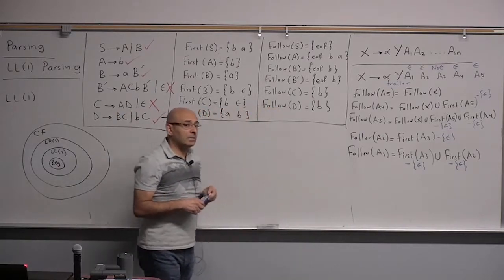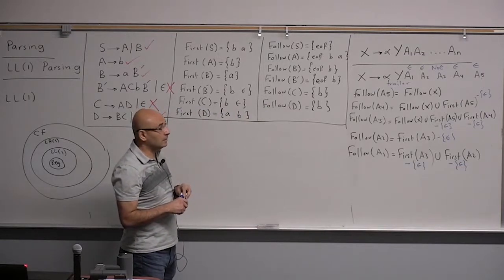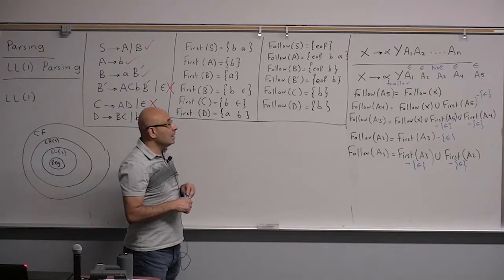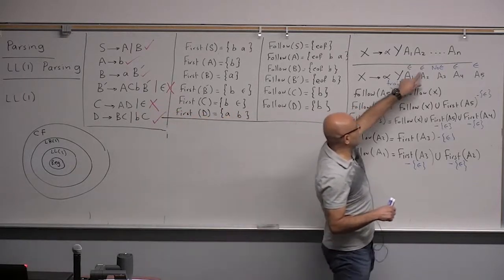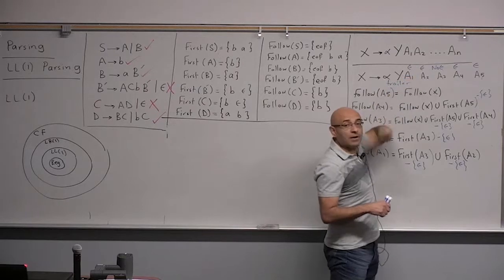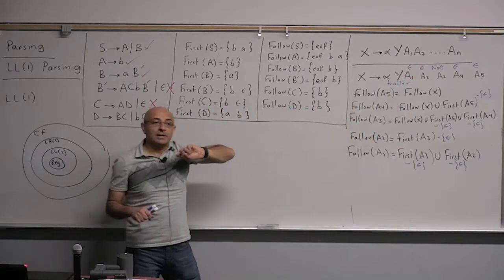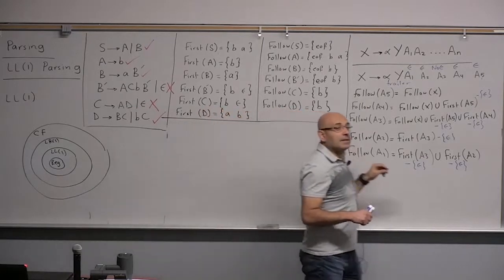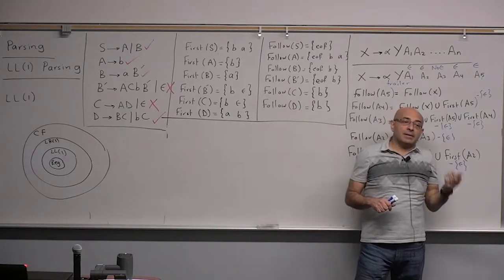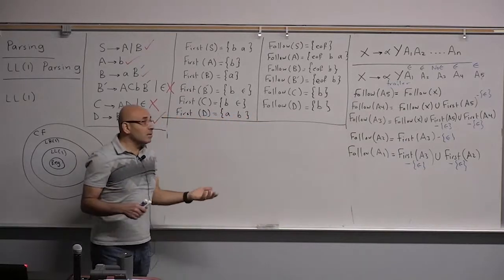Now the question. Where does the epsilon have to appear in say A1? Is it in the first set or follow set or anywhere? No, this means the first set. So this epsilon means A2 has an epsilon in its first set. It does not make sense for the follow set to have an epsilon. You can't say that something is followed by nothing. It has to be followed by something, and that something could be the end of file.